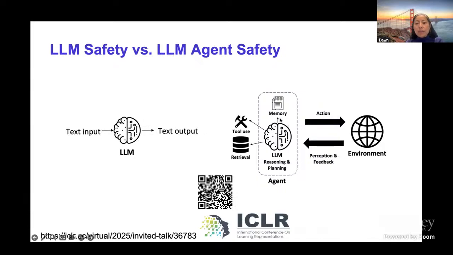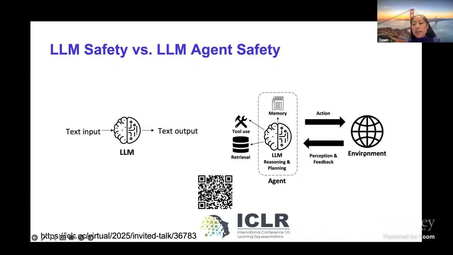But when we talk about LLM agents, which is the focus of this course, the LLM agent uses the LLM as a critical core component, but the overall system is much more complex. The LLM component will observe from the environment and get the observations, and then use the LLM to do reasoning and planning, and may retrieve data from its memory and external database, and also can then take action, including tool use and so on.